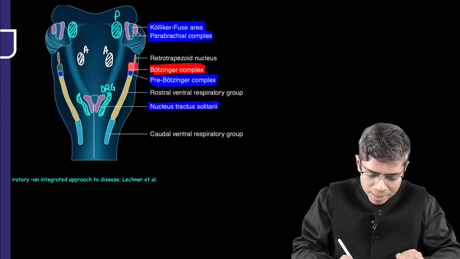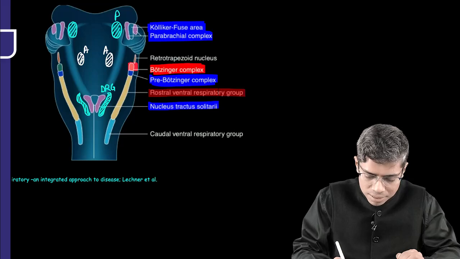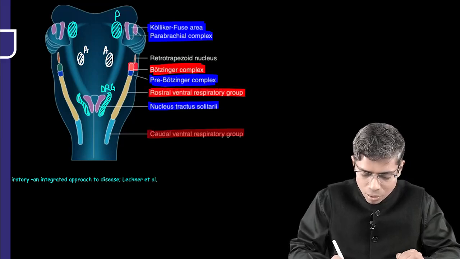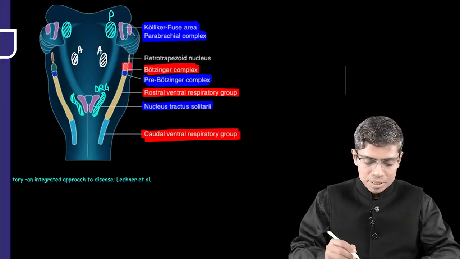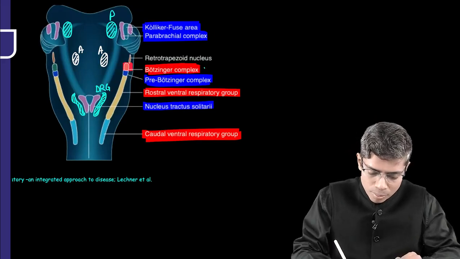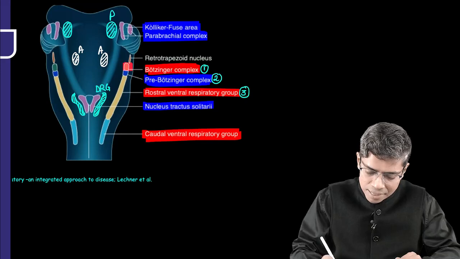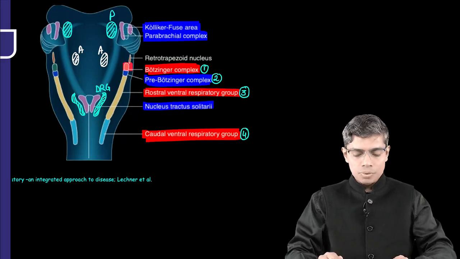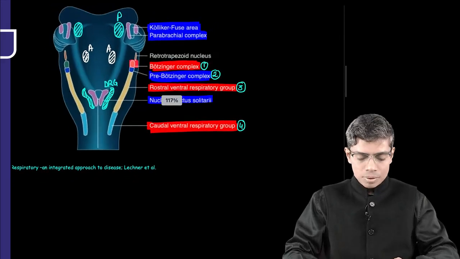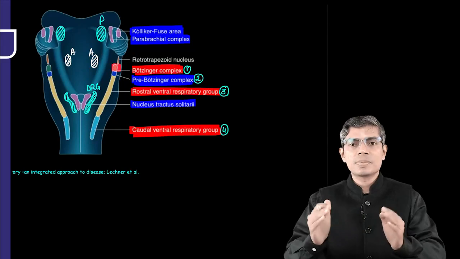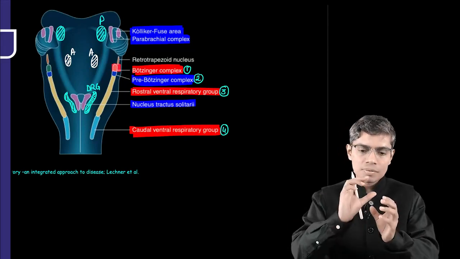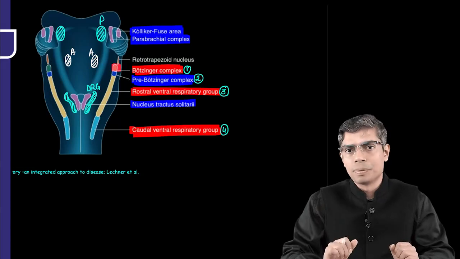Then you also find the rostral VRG and the caudal VRG. So what are the different parts? Bötzinger complex, pre-Bötzinger complex, rostral VRG, and caudal VRG. You can easily see that the ventral respiratory group of neurons consists of four different clear zones.